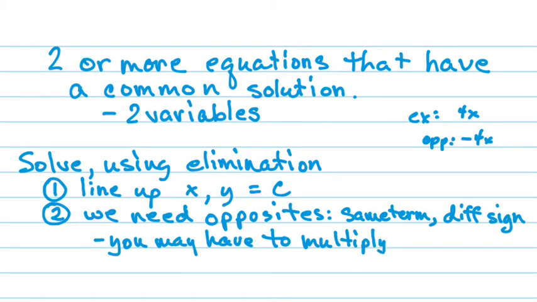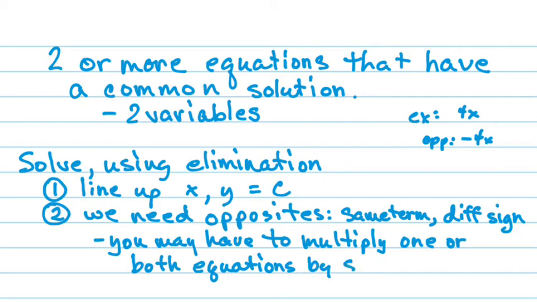Just try to get the notes down, and then we'll look at some examples in a minute and how to use them. You may have to multiply one or both equations by something to get opposites.